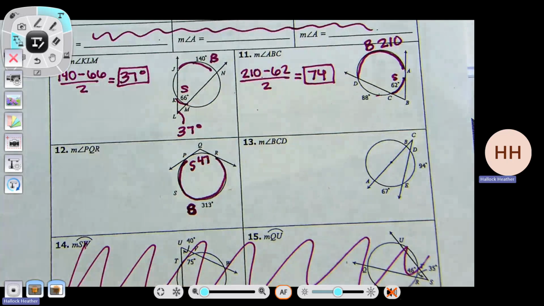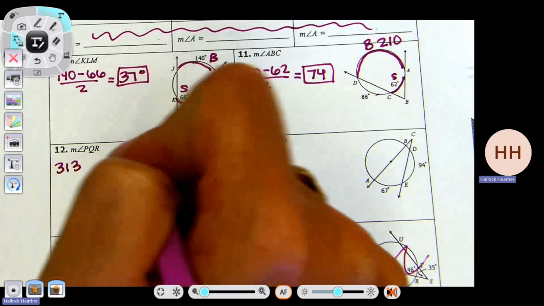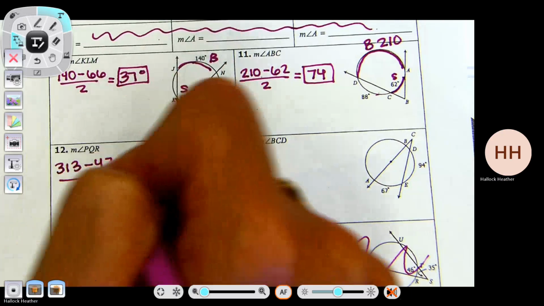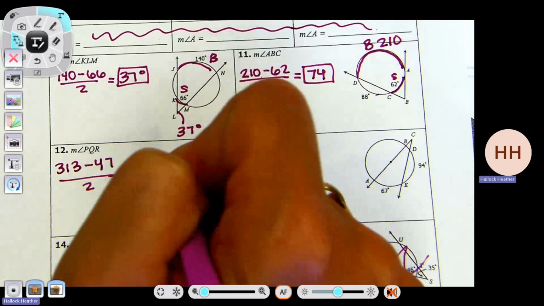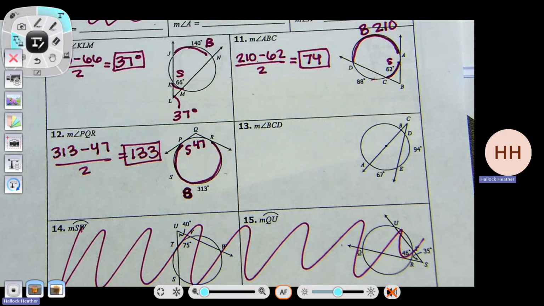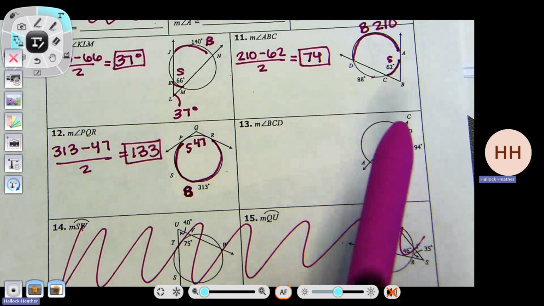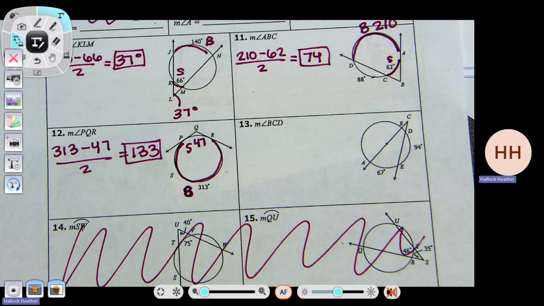And then you're doing big minus small divided by 2. 133. That's correct. Okay, last one for the front. We're gonna cross out the rest besides 13. So 13's last one. Take a second. You gotta find, yeah, big arc. What's big arc? 67. You're gonna have to find small arc. Then big minus small divided by 2.